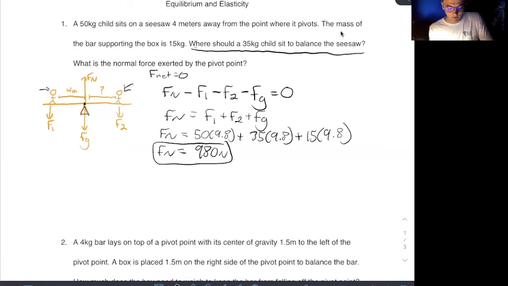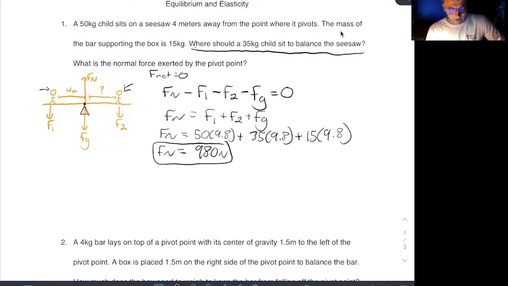So the normal force and the force of gravity are sort of canceling out here. Or what I should have said is the force due to gravity doesn't create a torque. That's a better way of putting it.